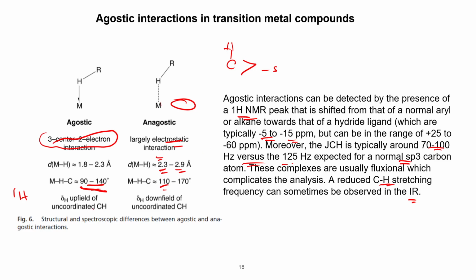For this agostic interaction, you would expect a reduced carbon hydrogen stretching frequency, because in the sigma star the electron density is donated, so your carbon hydrogen bond is weaker and the stretching frequency would be lower. This is a simple observation that also can be monitored to confirm this.